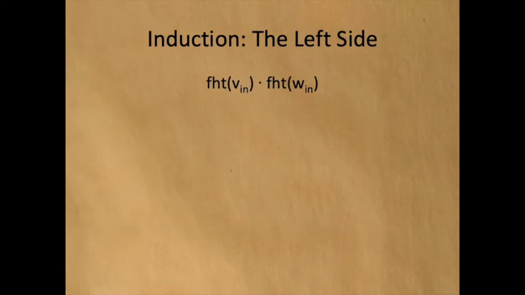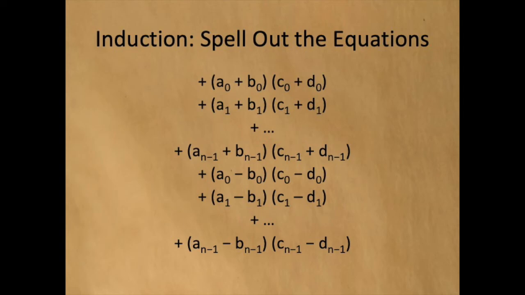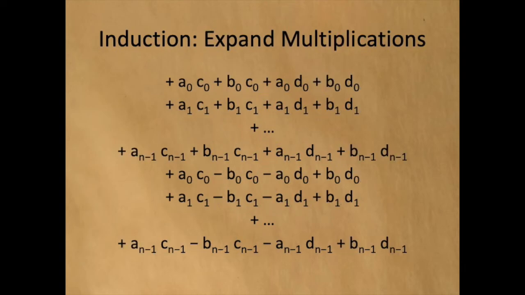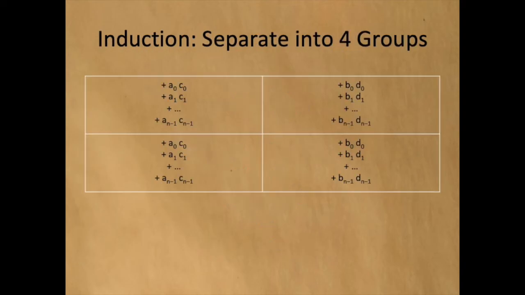We start with the left side of the equation to be proved. We substitute one definition of v and w. Then we substitute a second definition of v and w. Then we spell out the meaning of entwine and dot product to enumerate the terms. Then we expand the multiplications. Then we cancel terms. Then we separate the terms into 4 groups to clarify.